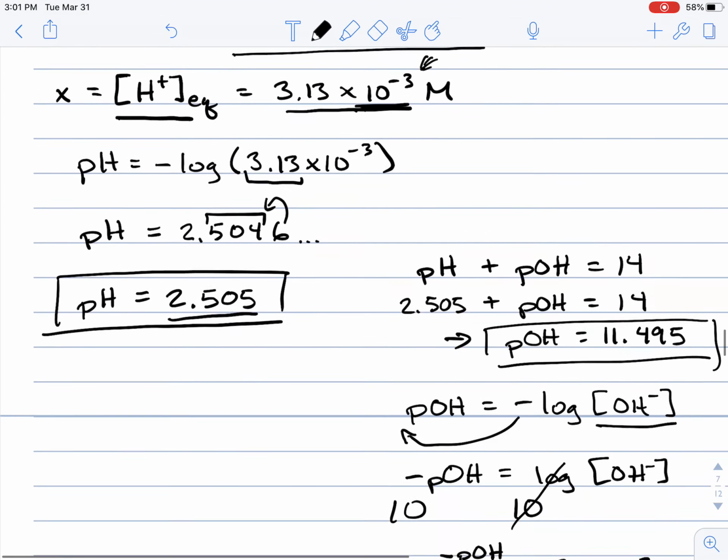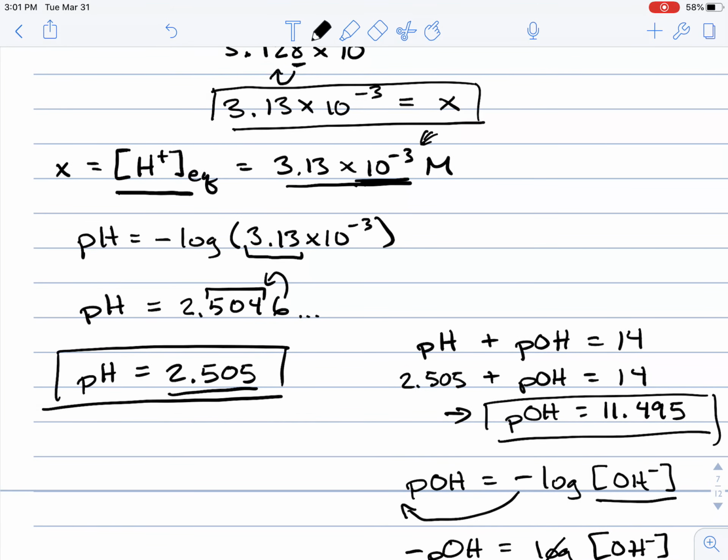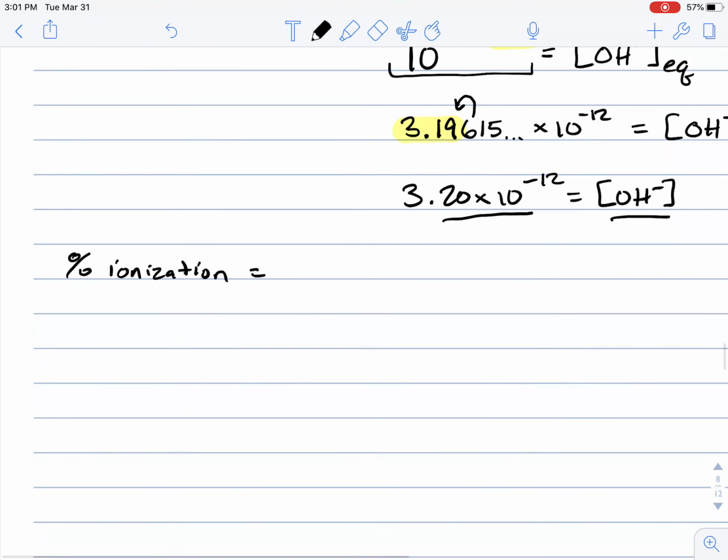The change is dictated by the value of x, which is 3.13 times 10 to the negative 3. So I'm going to put the change in the numerator: 3.13 times 10 to the negative 3. Then we divide this by the initial concentration, which is 0.175.